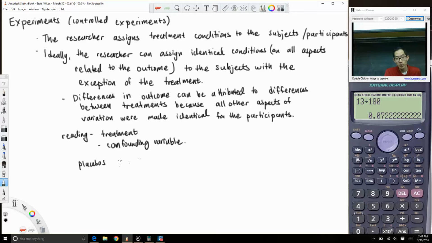Placebos are used so that the psychological condition between the treatment and experimental groups, the knowledge of whether they're using the actual drug or the placebo, can be made identical across both groups, to make the psychology of the experiment the same.